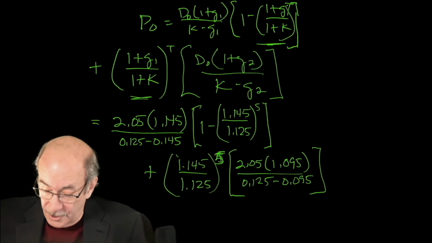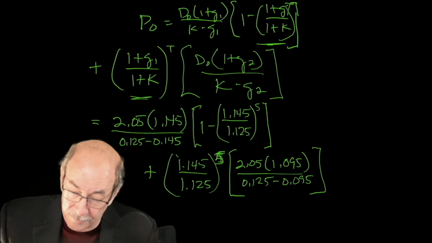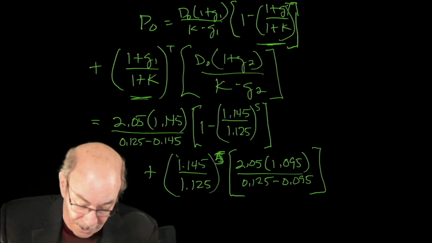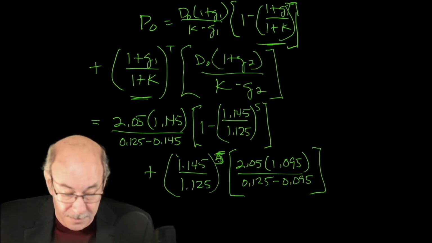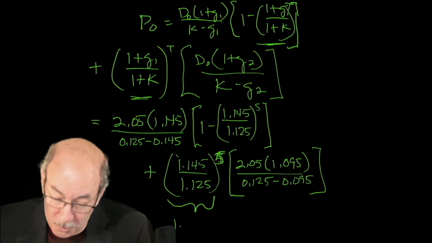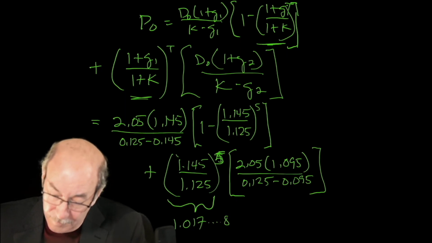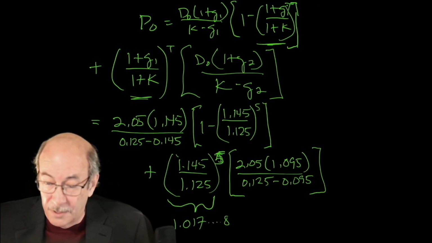And let me just run the numbers here real quick and make sure that key is right. So when I do 1.145 divided by 1.125, I get 1.017778. And I'm just going to store that in the first register because I'll use that over and over.